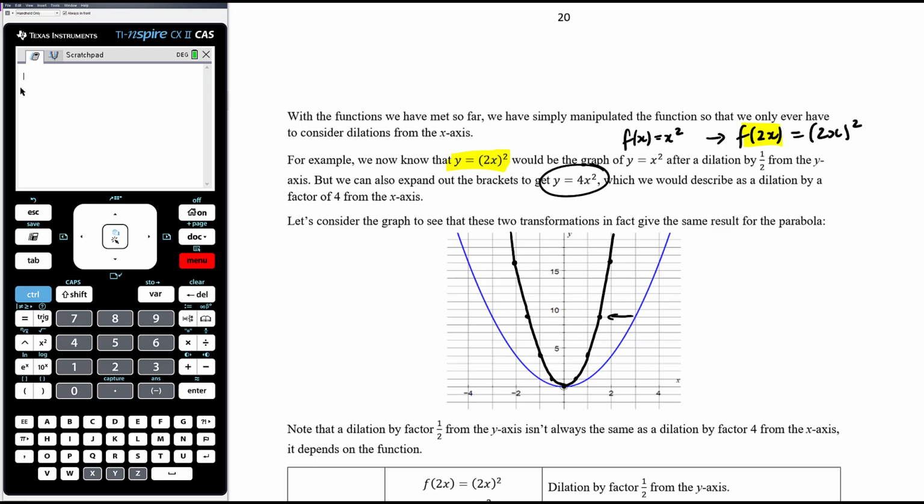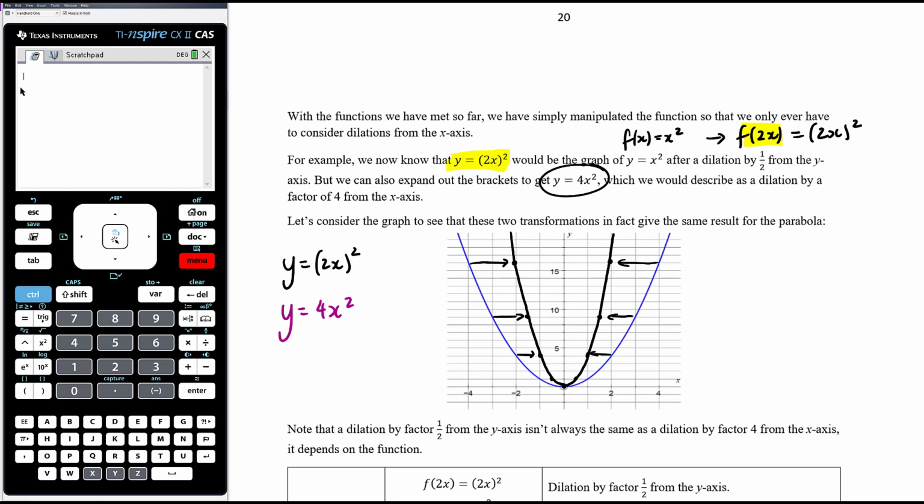So in this instance, we looked at what happened when we dilated by half from the y-axis. But actually, we know that y equals 2x all squared is exactly the same as y equals 4x squared, which is 4 times f of x, which is a dilation by a factor of 4 from the x-axis.